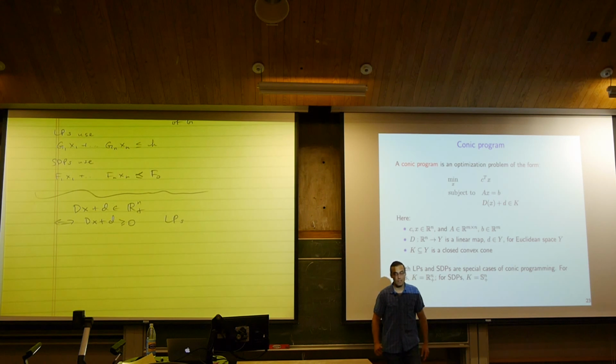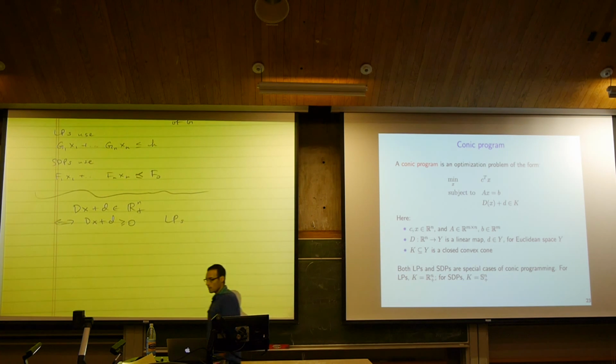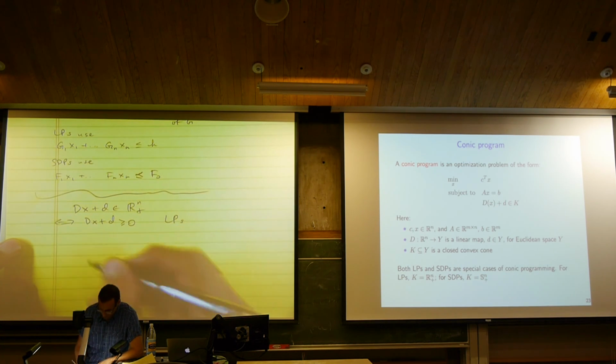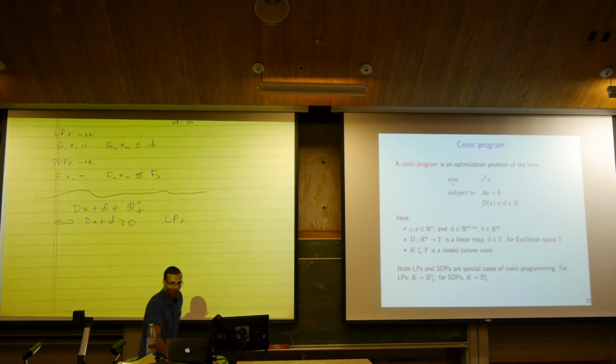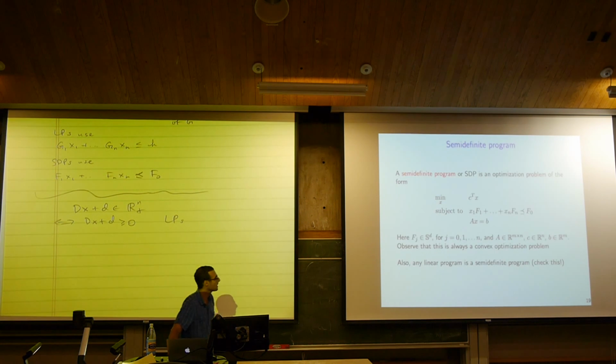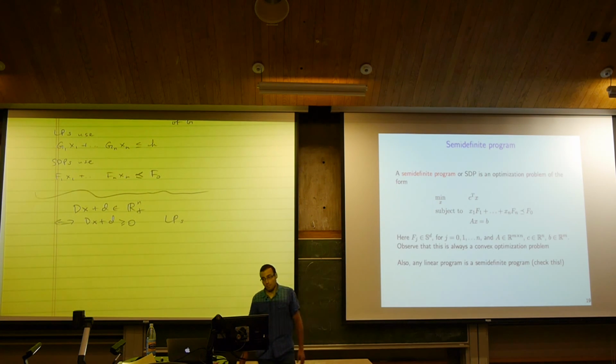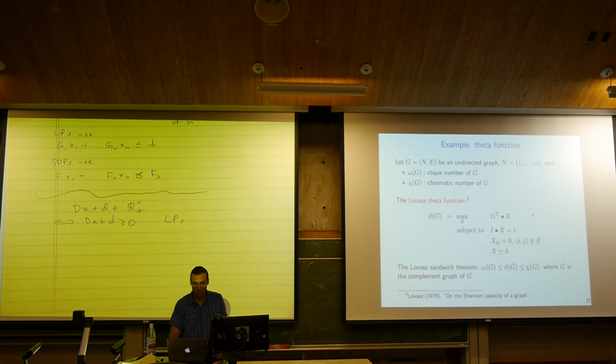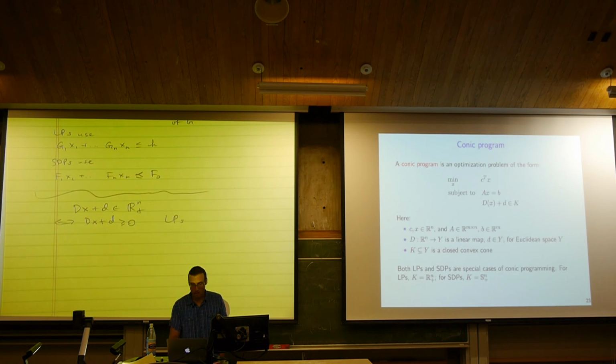If I take K to be the PSD cone, then I precisely get back this form of SDPs. I can write this linear combination of my variables being in the PSD cone just by rearranging this inequality, bringing this over to this side. So conic problems encapsulate both LPs and SDPs.